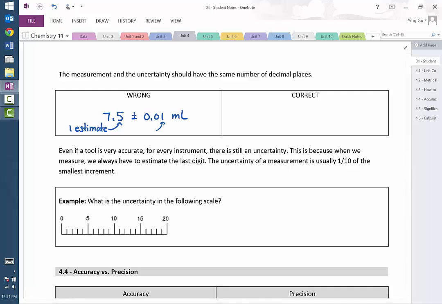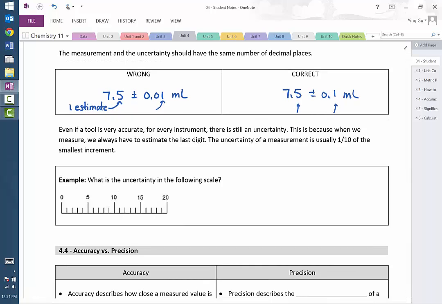How can you even say that it's 7.56 or 5.1 or 5.2? It makes absolutely no sense. So you always make sure that our uncertainty place value matches the initial reading. So the correct way to write this would be 7.5 plus or minus 0.1 milliliters. So we see that the 5 is placed at the same decimal place as that 1. That makes sense.